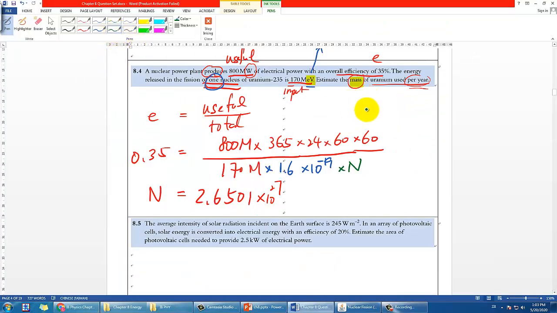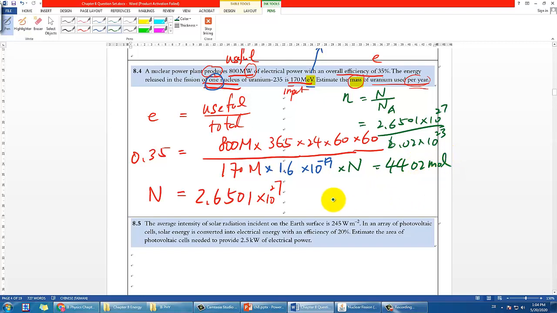So we can find the number of mole, small n, using big N over Avogadro constant, and that would be the number that you find earlier divided by 6.02 times 10 to the power of 23, and you find the number of mole as 4,402 in the unit of mole.